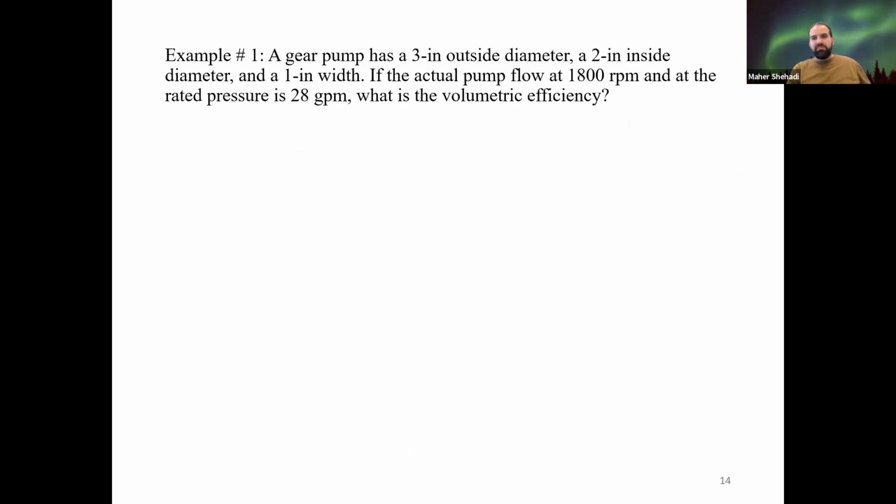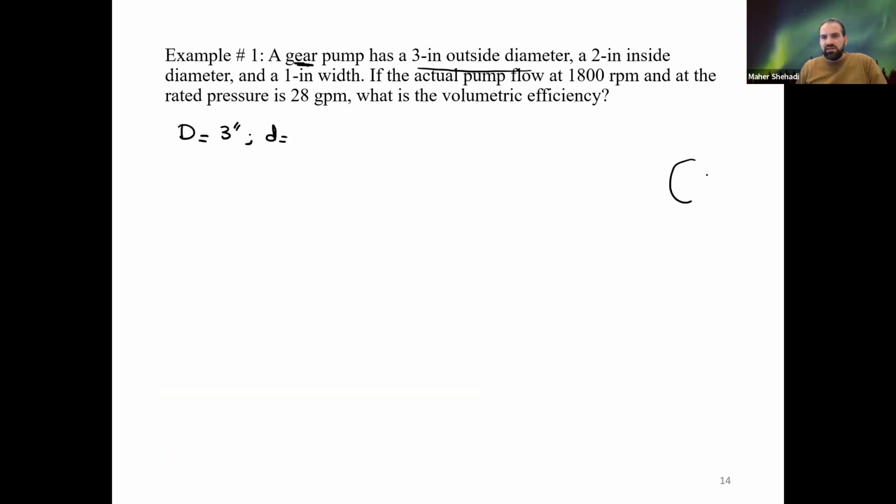Which one should I use? It depends on the problem that we're doing. So in this example, we have a gear pump that has a 3-inch outside diameter. So D outer is 3 inches, and the inside diameter I'll just write as D small.